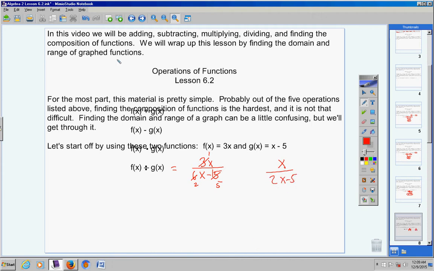And that would be okay. But if you're going to reduce the fraction, you must reduce every term. Every single term, okay? I mean, if there was a 3 here, you could not cross off those two numbers, because 5 is not divisible by 3. Now, if that was a 6, then you could cross off the 3, cross off the 3, cross off the 6, make it a 2, and reduce it.